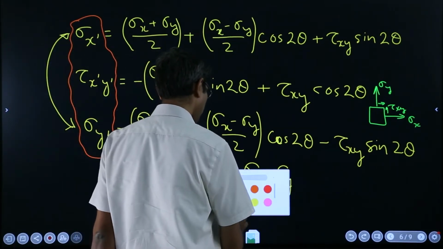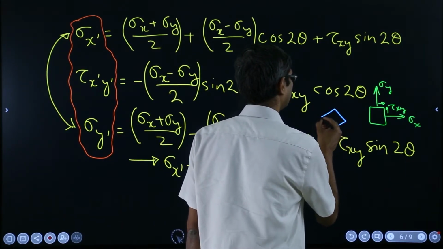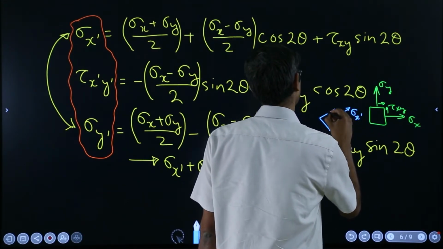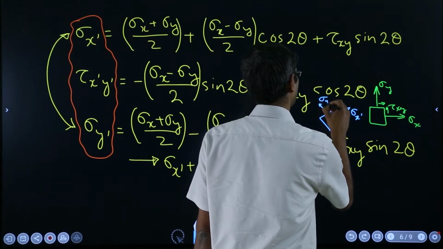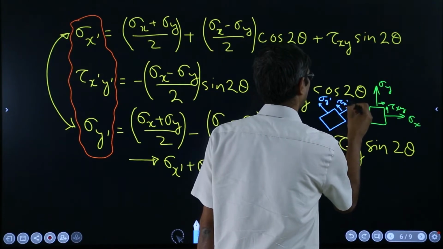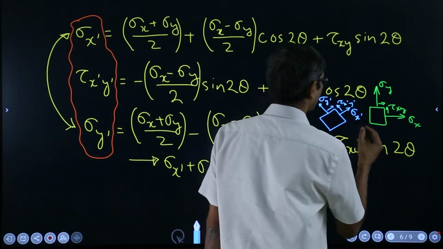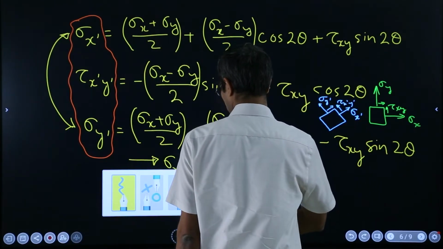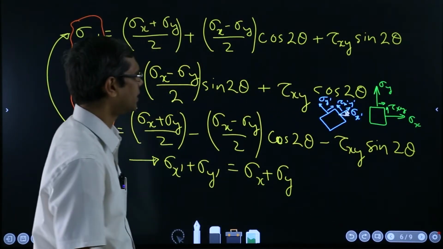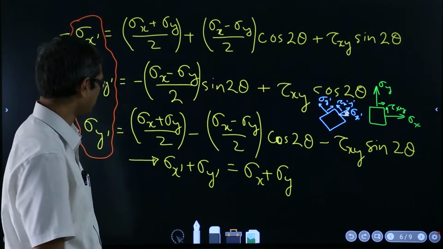If I draw it like this, these are sigma x prime, sigma y prime, and tau x prime y prime, and this is the angle theta. That is the whole story at which we stopped the previous segment.